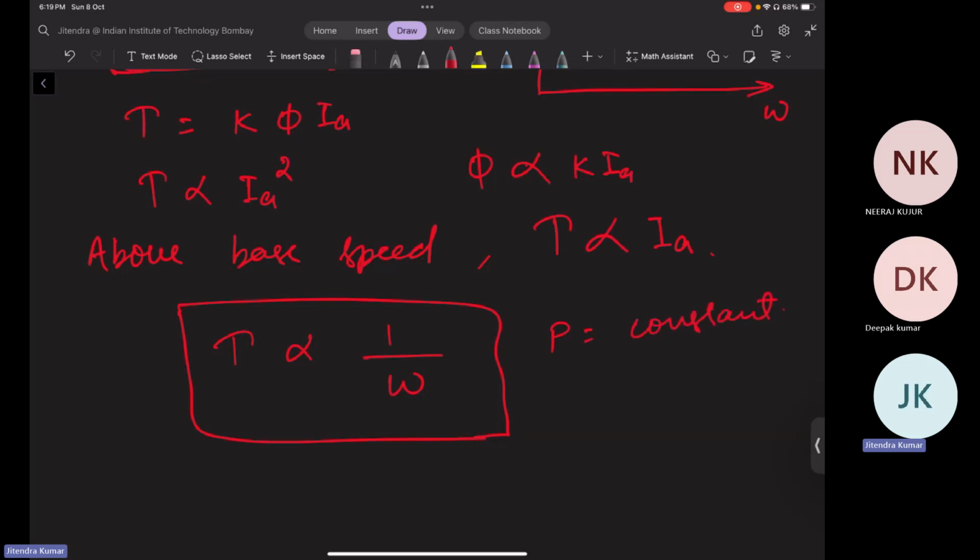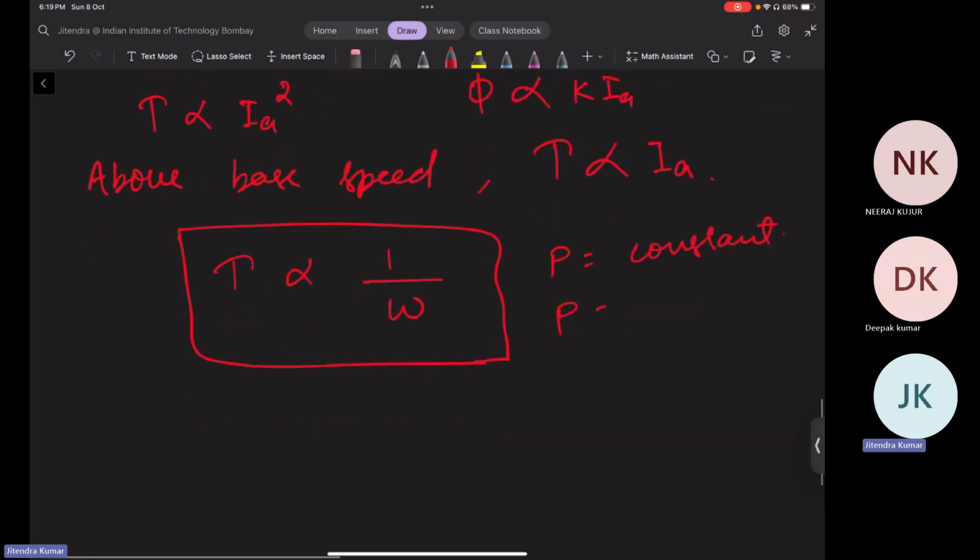Only when power is constant, with power equal to torque into speed, will torque be inversely proportional to speed. It will not always be true.